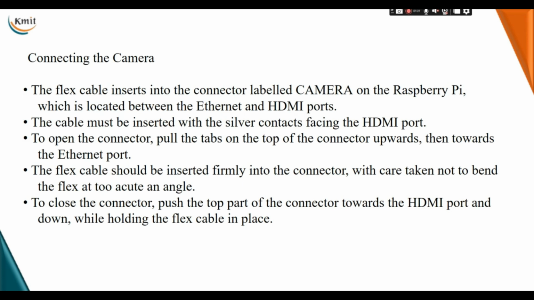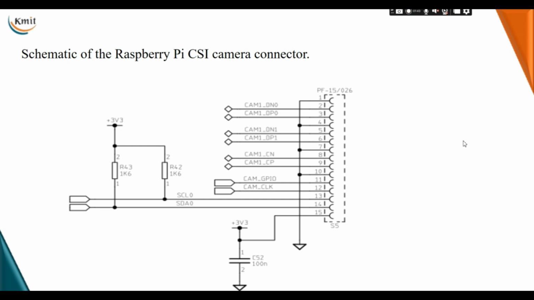The flex cable should be inserted firmly into the connector with care taken not to bend the flex at too acute an angle. To close the connector, push the top part of the connector towards the HDMI port and down while holding the flex cable in place. So this is the schematic diagram of the Raspberry Pi CSI camera connector.